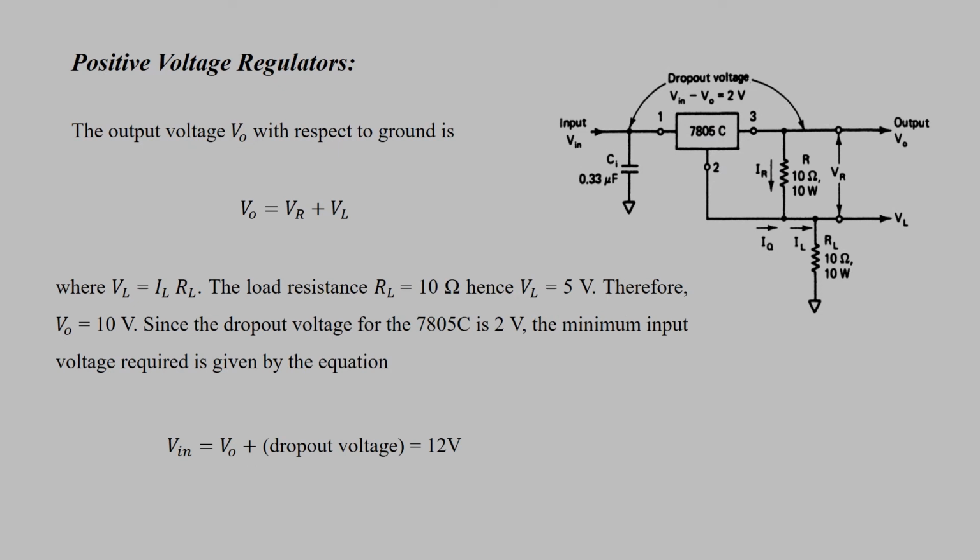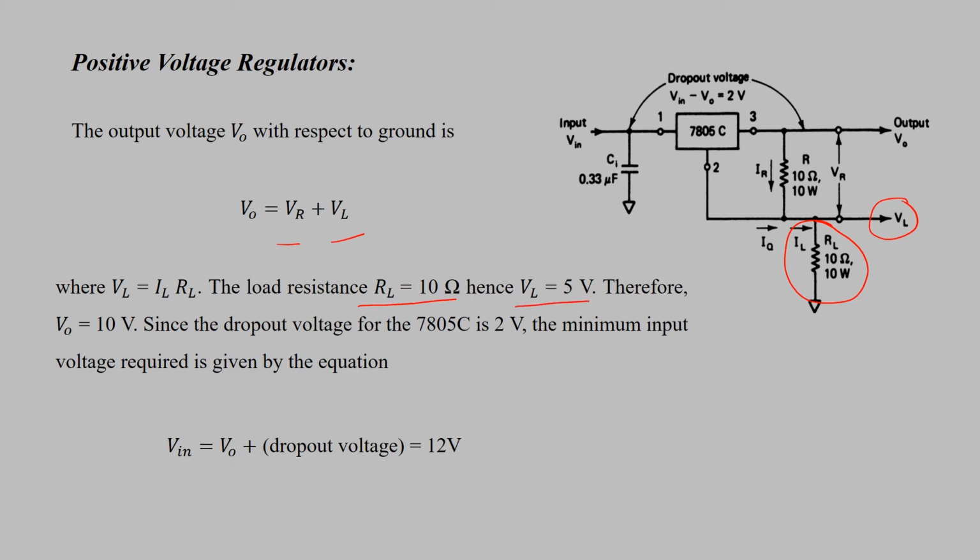In this diagram, the output voltage with respect to ground can be written as VR plus VL, where VL is IL into RL, and the load resistance RL is 10 ohm, hence VL is 5 volt.